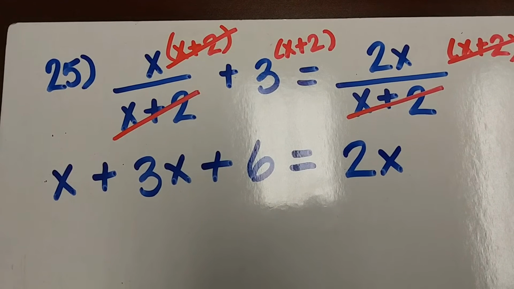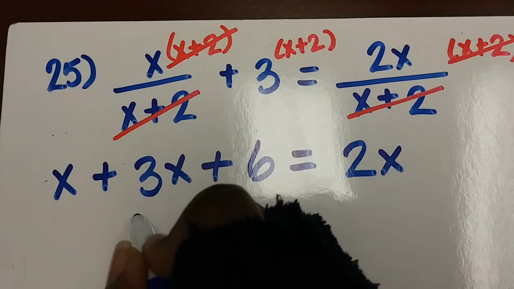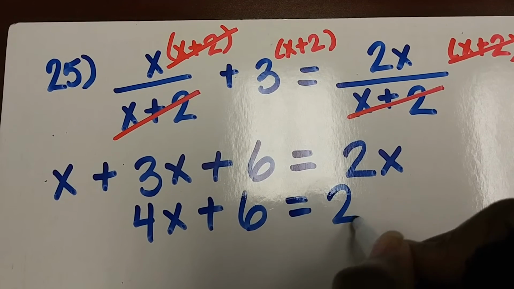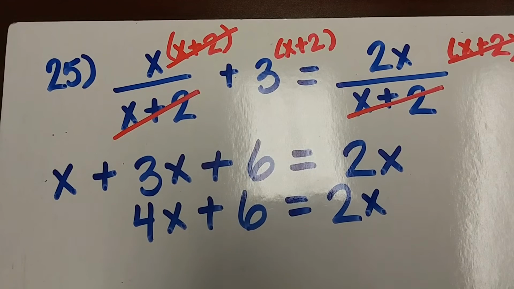We're going to now solve for x. So I want to just get x by itself. I can do a lot of things. I can move my x's to the right or move my x's to the left. So however you want to solve for x, do it. 1x plus 3x is 4x plus 6 equals 2x. I'm going to move the 4x over to the right. It doesn't matter though how you move it. It's still going to come out correct. If I move 2x to the left, it's going to still give me the same answer.